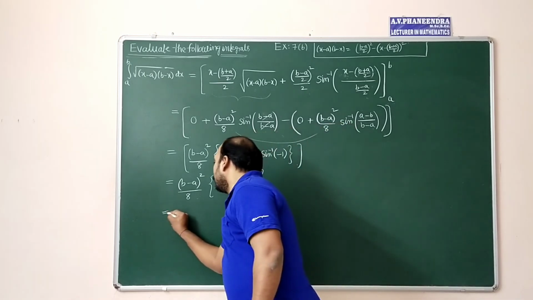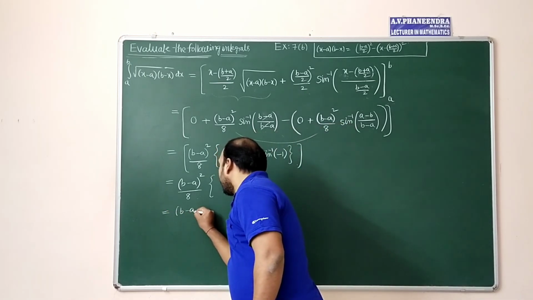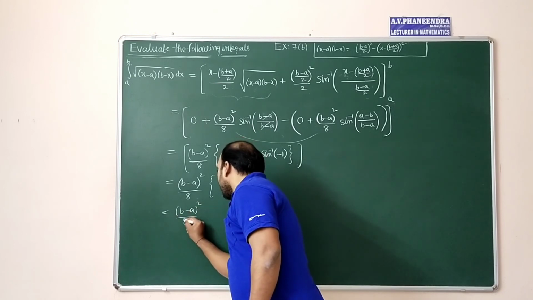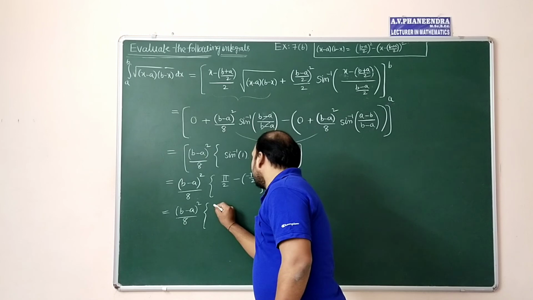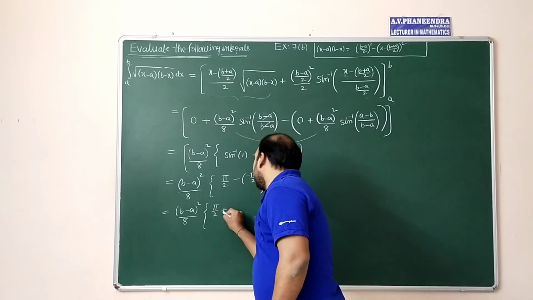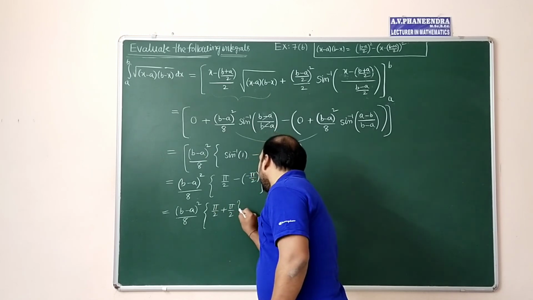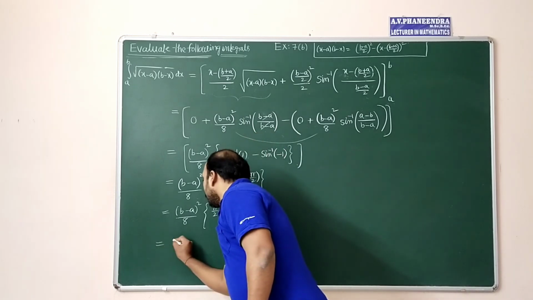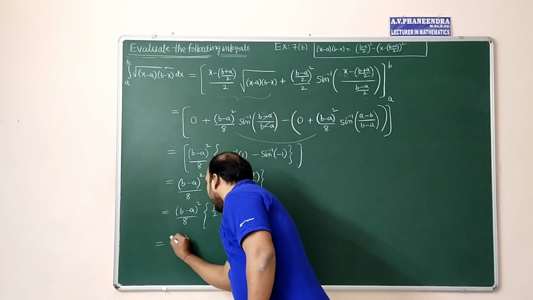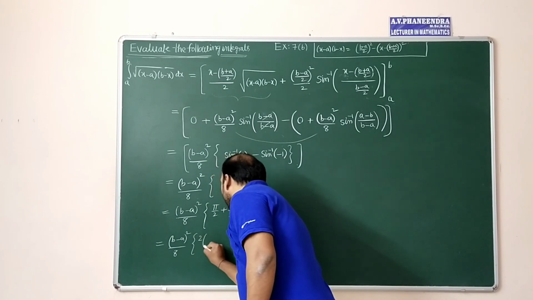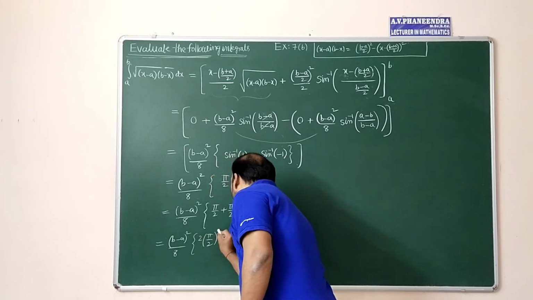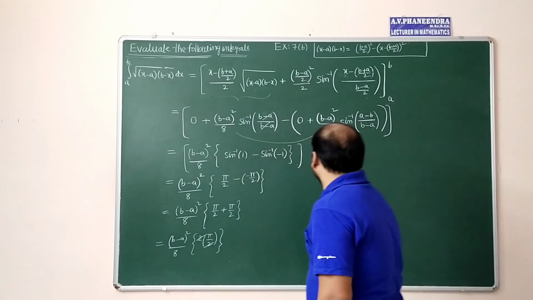So which is equal to (b minus a) whole square by 8, pi by 2 plus pi by 2, that is pi. So which is equal to (b minus a) whole square divided by 8 into 2 into pi by 2. 2 get cancelled.